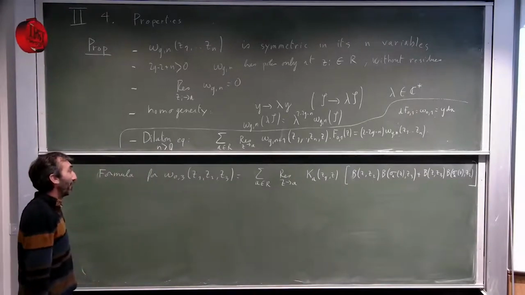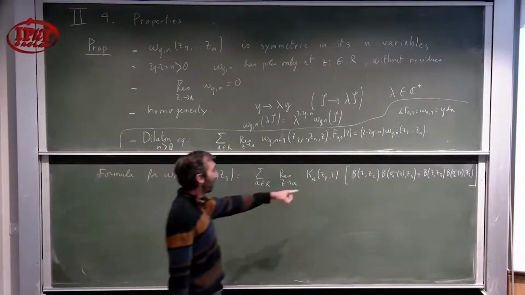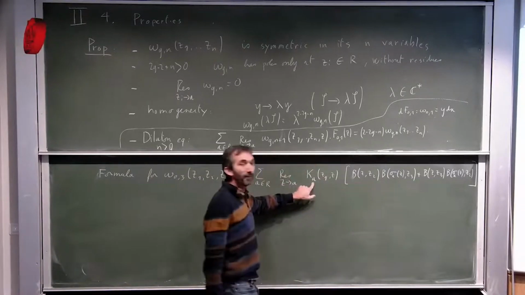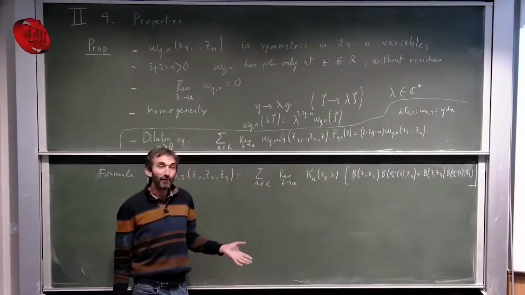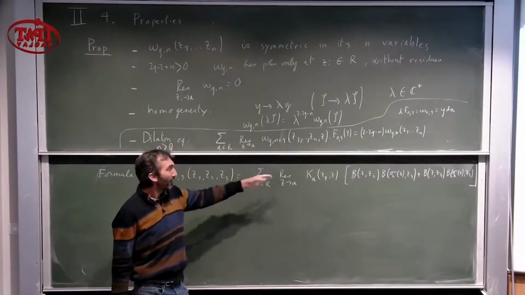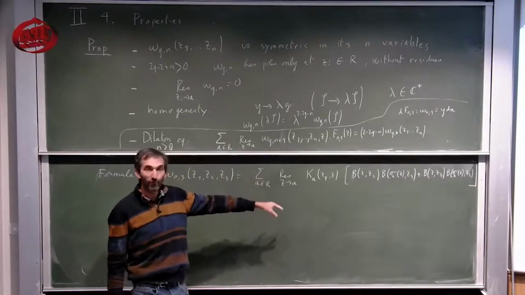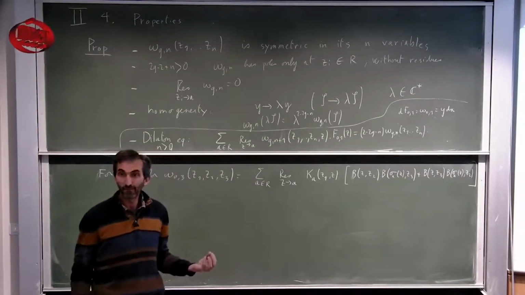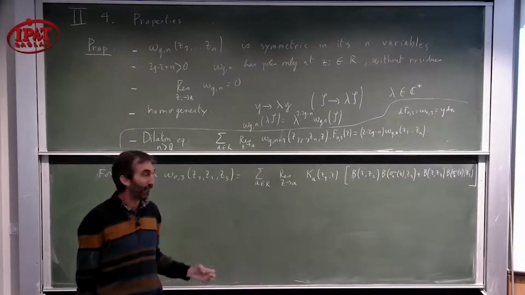But in fact, notice that B has no pole at the ramification points, and K has a simple pole. So in the end, it's easy to compute this residue because the residue of a simple pole is just like evaluation at the simple pole.